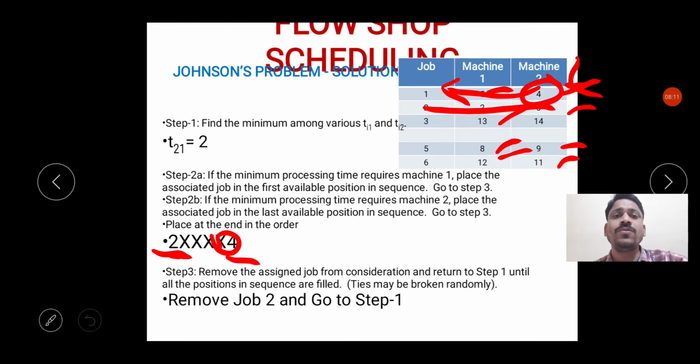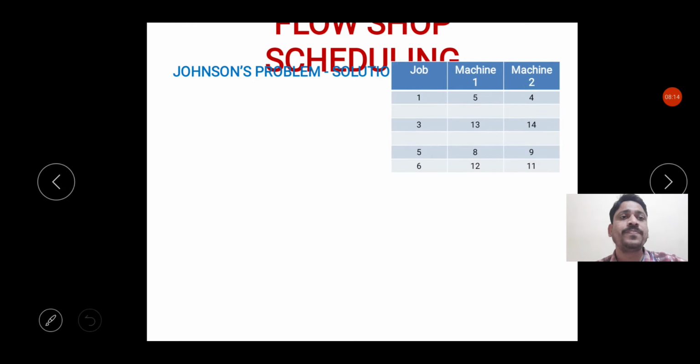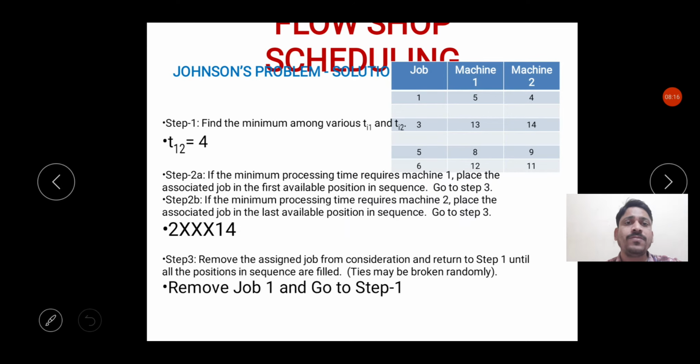So after 4, see, we placed 1 here, right? So now because the 6th place was already filled, from the last means the 5th place was available. So in the 5th place we placed job 1 because the minimum time of job 1 was the least, and it was on machine 2, right? So again remove this job 1 also.